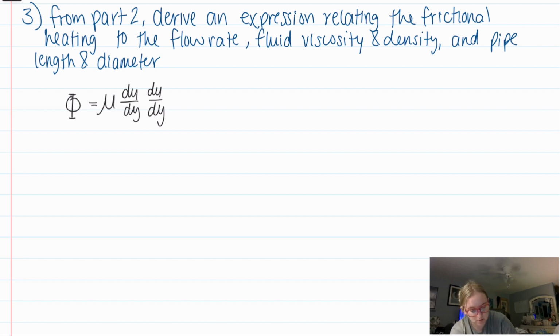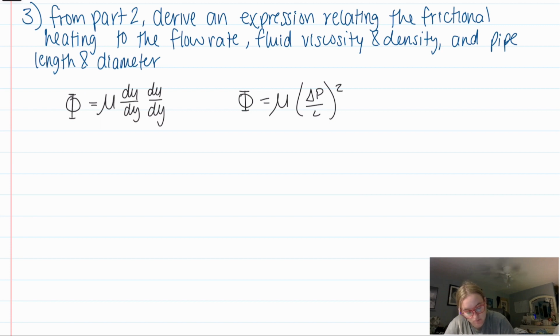So it would just be, I think it's phi, which is equal to mu times delta p over L squared. And then frictional heating can be related to the rate of viscous dissipation, fluid density, and flow rate just by doing this.